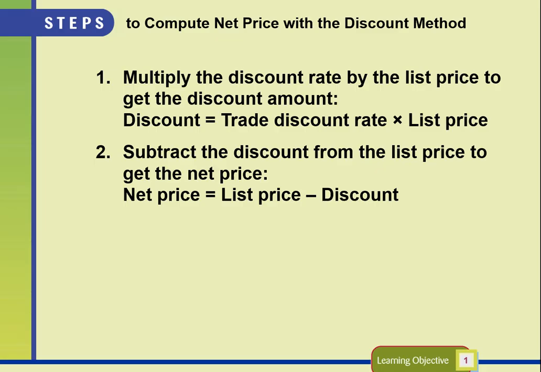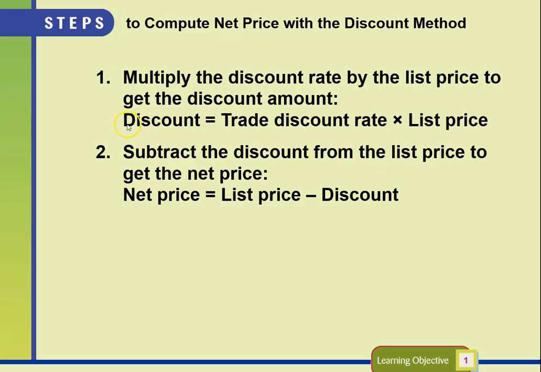When we talk about the net price with discount method this week, what we're really doing is just finding out how much a buyer really pays after discounts are applied. To compute the net price using the discount method, first, multiply the trade discount by the list price.